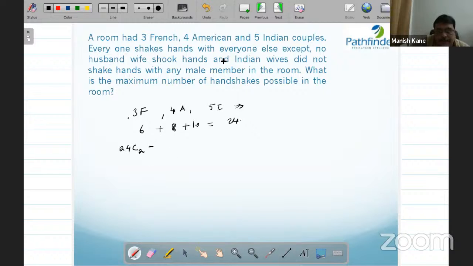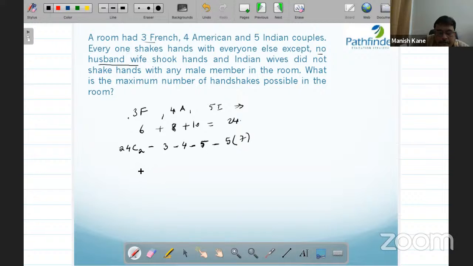Now, husband and wives don't shake hands. So 3 French husband and wives, they won't shake hands. 4 American husband and wives, they won't shake hands. And 5 Indian husband and wives, they also don't shake hands. Minus, the 5 Indian wives did not shake hands with 3 French men and 4 American men, so 7 men in all.